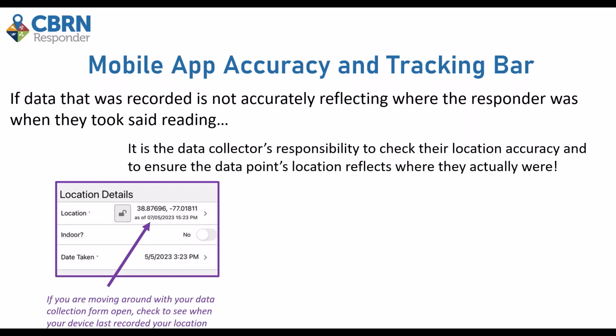So here we have on all our data point forms a location field where you'll see the reported coordinates, and then it'll give you the date and time of where that location's reporting from. So if you were moving around to different locations, you want to make sure and check that your device has your most recently reported location and timestamp.